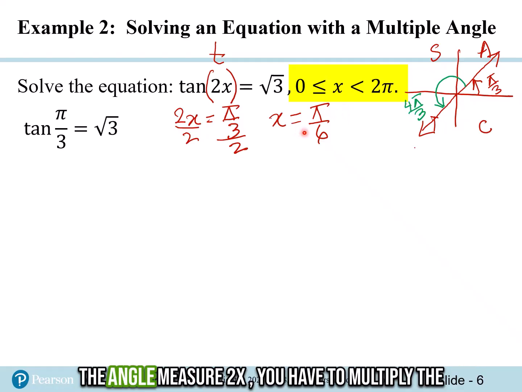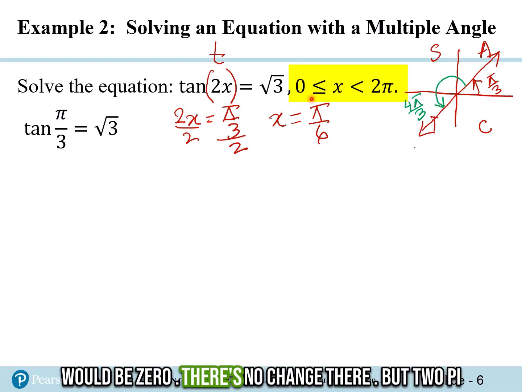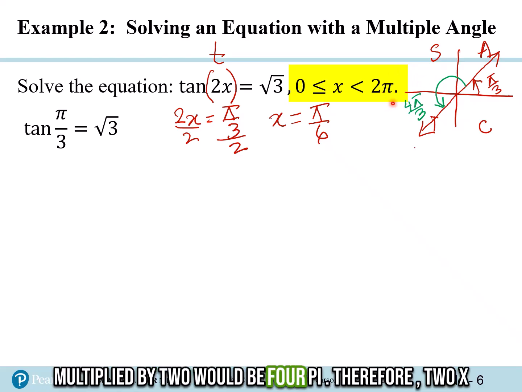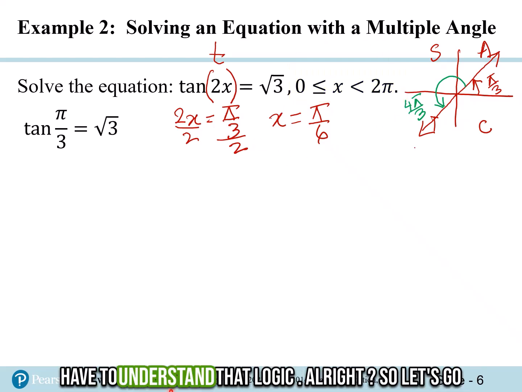For the angle measure 2x, you have to multiply the endpoints of the interval by 2. So 0 times 2 would be 0. There's no change there. But 2 pi multiplied by 2 would be 4 pi. Therefore, 2x would be angle values between 0 and 4 pi. You have to understand that logic.